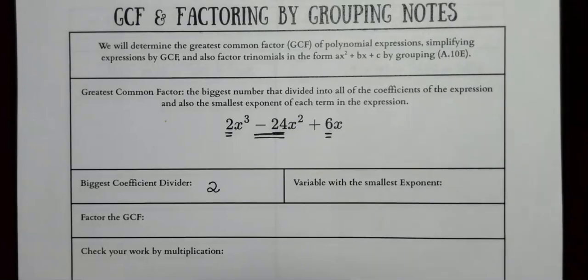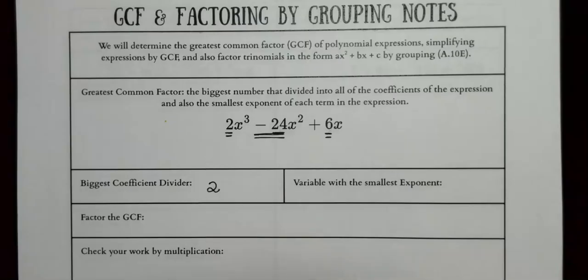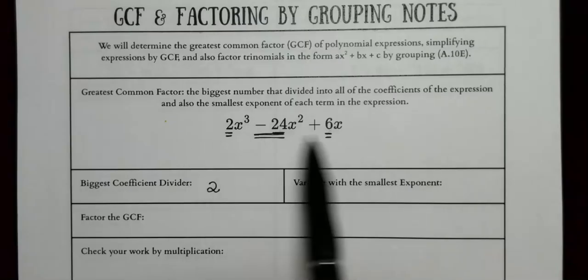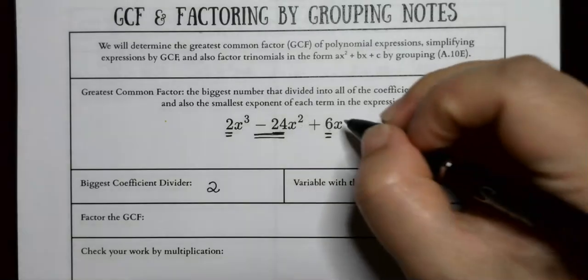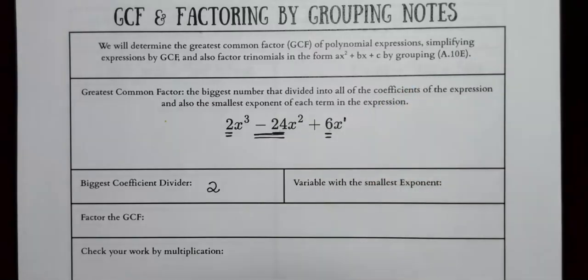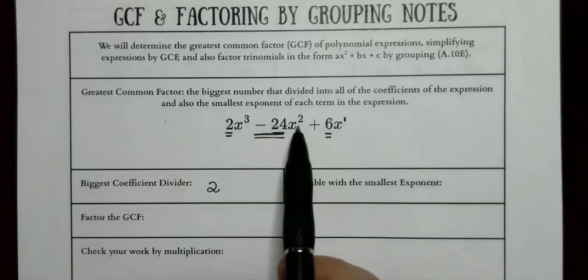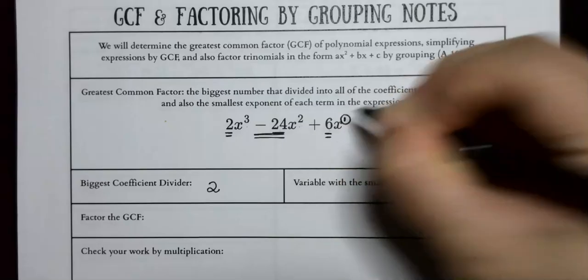Then, we determined that every single one of these terms has the same variable, they all have x. Remember, this one's raised to the third power, this one's raised to the second, and even though this one has an x, if it doesn't have an exponent, just know it's an understood 1. So if I look at all my exponents, I know that this one is the smallest.